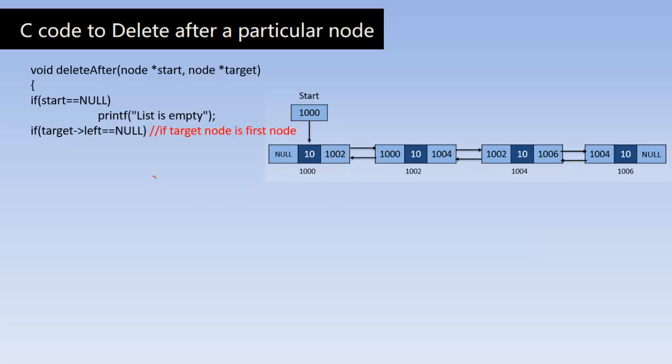If the target node is the first node, I will check if target arrow left is null. So this is my target node, this is the target pointer. If target arrow left is equal to null, yes, then this is the first node, so simply store target arrow right inside start.